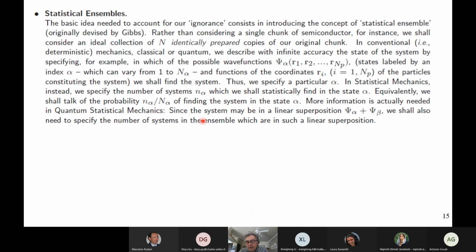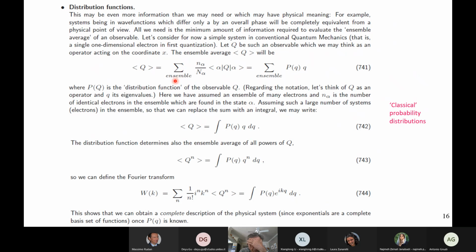Now, there is a difference between the classical mechanics distribution function and quantum mechanics. This is all relatively trivial stuff about classical probability theory. Suppose that I have a particular observable Q that can take value little q, which may be position, coordinates, angular momentum, whatever variable I'm interested in. And I want to find the average of this object. In order to find it, I have to know the probability distribution of that variable being in a particular state q.